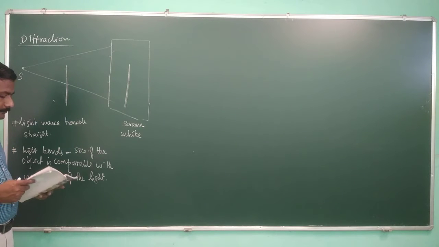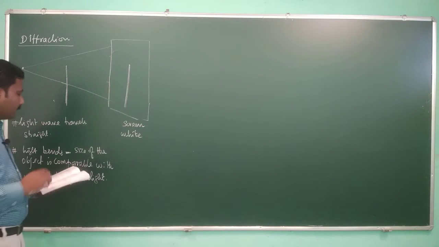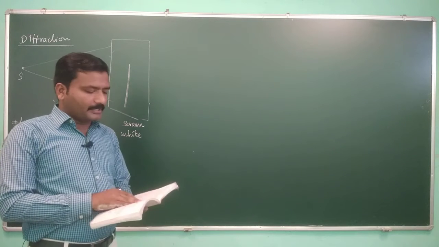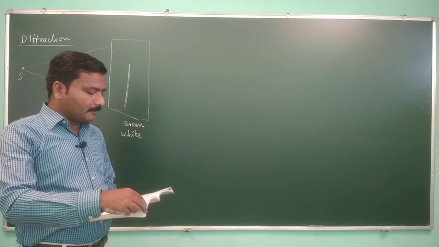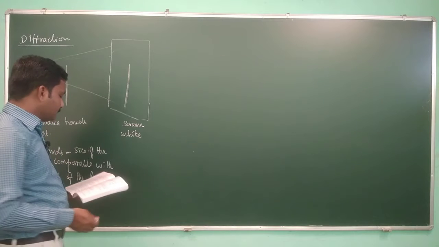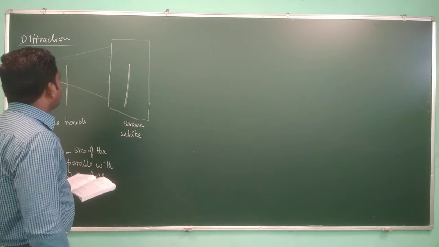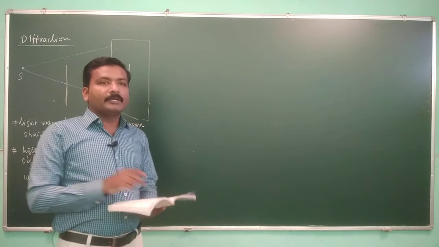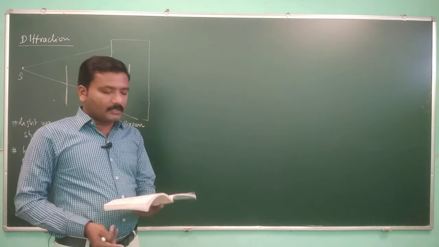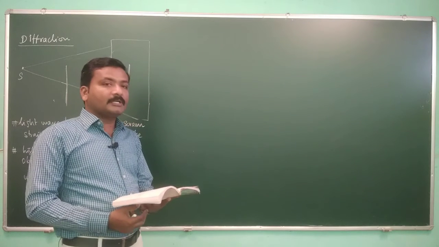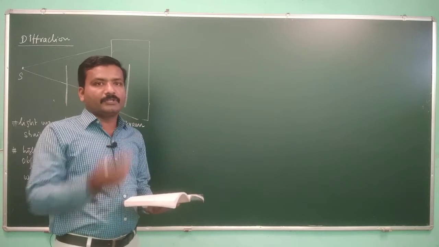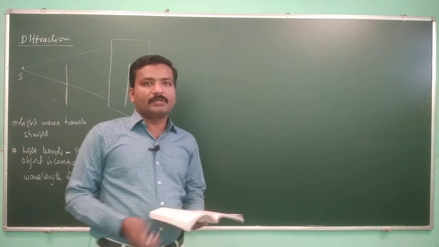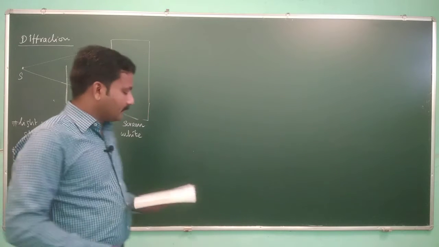So in that condition the light is deviating from its property of straight line propagation. Okay, now see this phenomenon of bending of light waves around the corners of the interfering object, and their spreading into the geometrical shadow, is called diffraction, right?